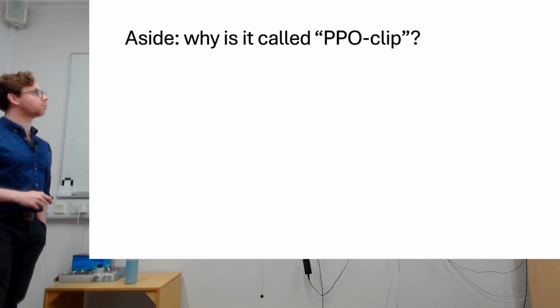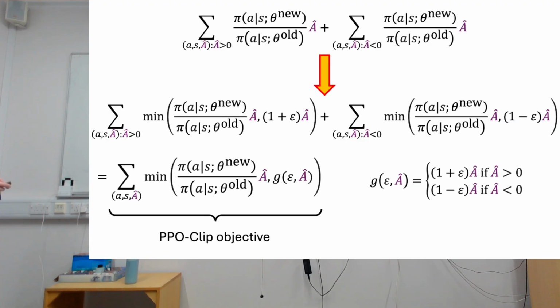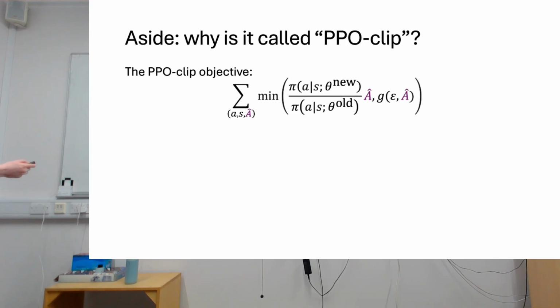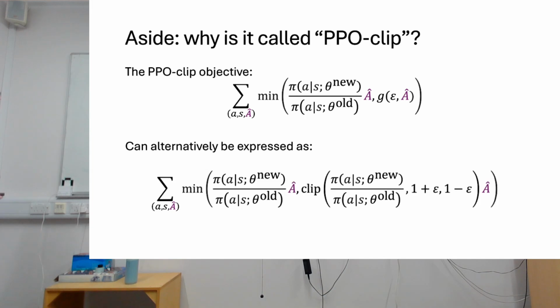So, a brief aside: why do we call it PPO clip? It's not entirely clear what's being clipped here. We're taking a minimum, but there's a different representation of this under which it's more clear why we call it PPO clip. So this is the PPO clip objective. This is maybe the easier one to understand conceptually, but you can also express this like so, where you have the minimum of the probability ratio times the advantage and the clipped probability ratio times the advantage, where the clipped probability ratio is the probability ratio clipped between 1 minus epsilon and 1 plus epsilon, right?